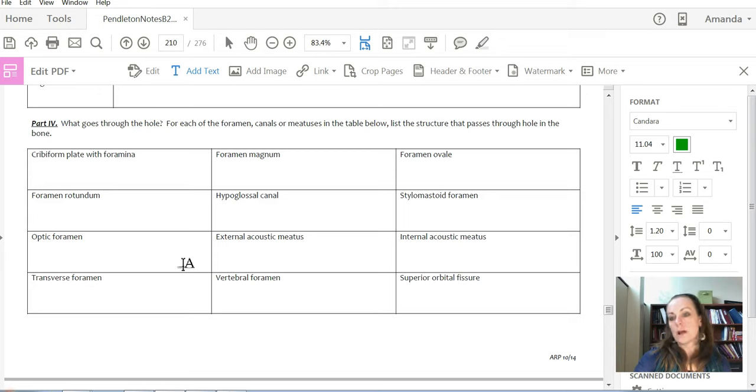So it's really important. There's all these holes in the skull, and we've learned the names of all of these holes. And so it's actually important to know what's going through the hole. The hole is there for a reason, because it's generally letting blood vessels or nerves go through it.